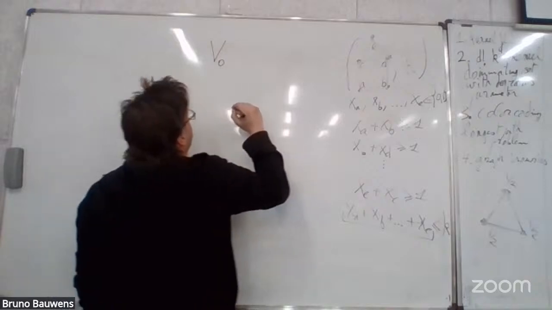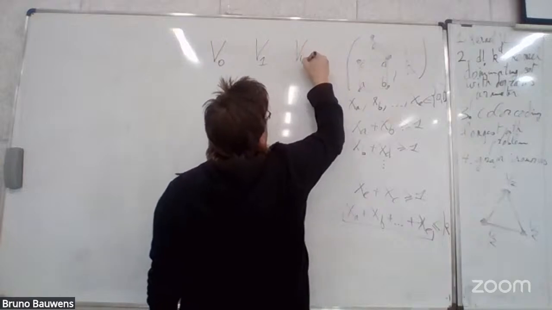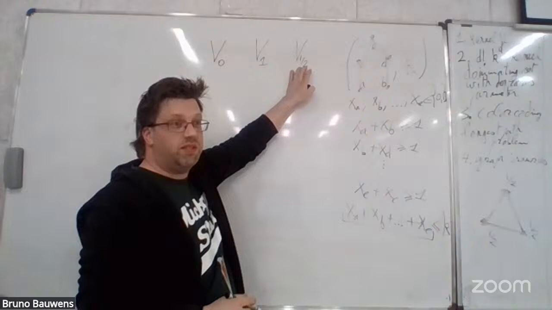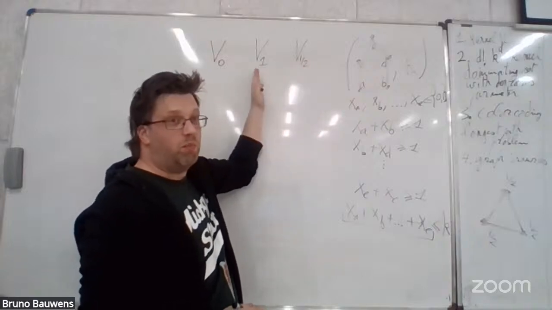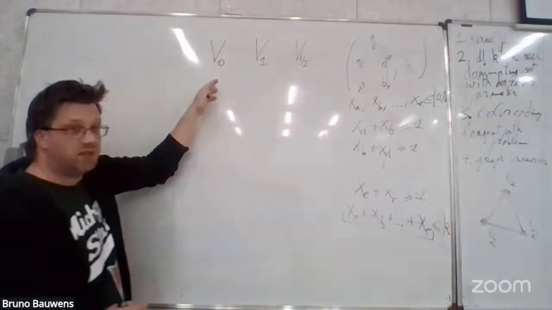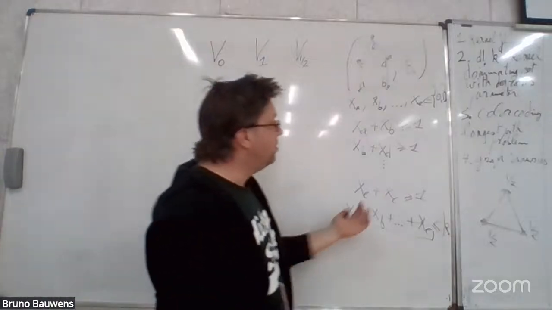We call them V0, V1, and V1/2. The nodes whose x value is exactly 1/2 will belong to this set, those who are more than 1/2 come in this set, and those who are less than 1/2 come in this set. And so what is the new kernel rule?